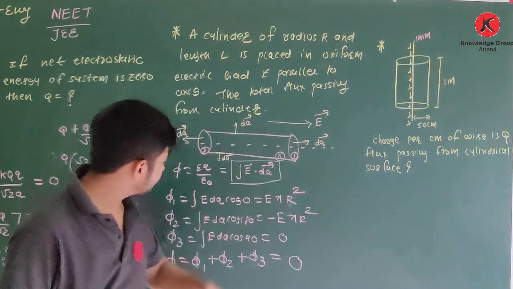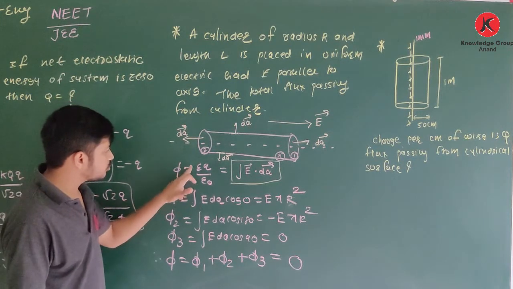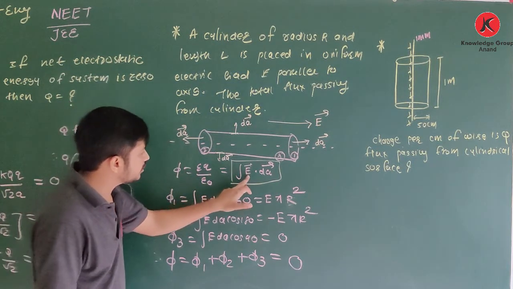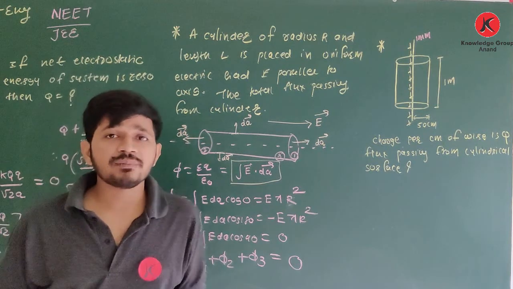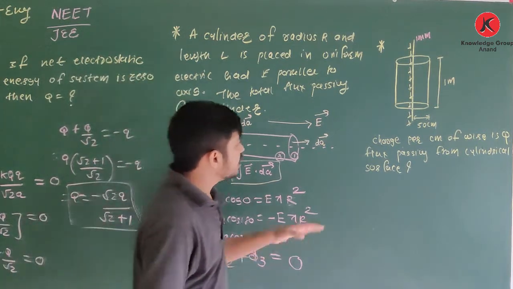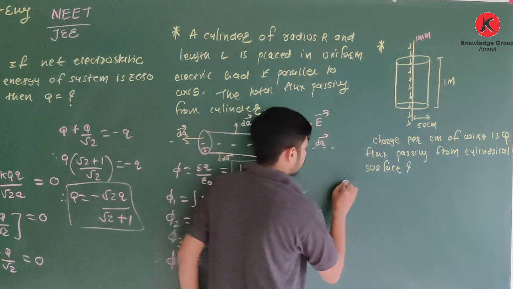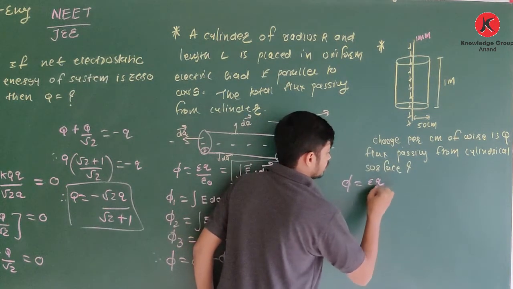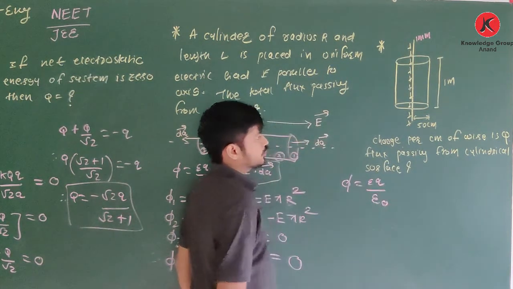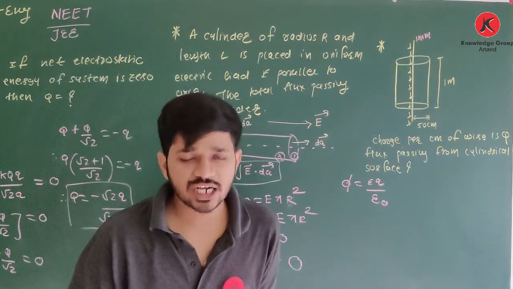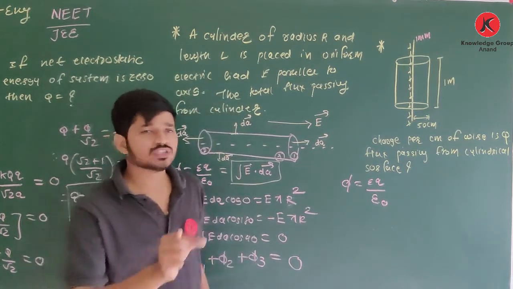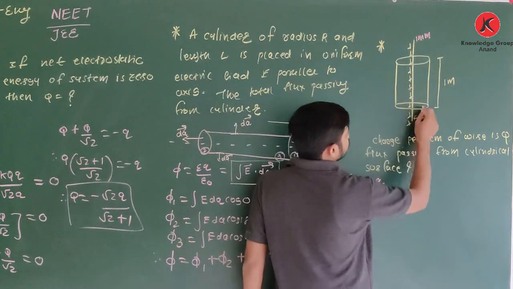Yes, again, flux. The equation of flux phi is equal to sigma q upon epsilon 0, or it is integration E dot dA. Which equation we have to use depends on the data given. Here we will use phi is equal to sigma q upon epsilon 0. Now sigma q means charge enclosed by the Gaussian surface.